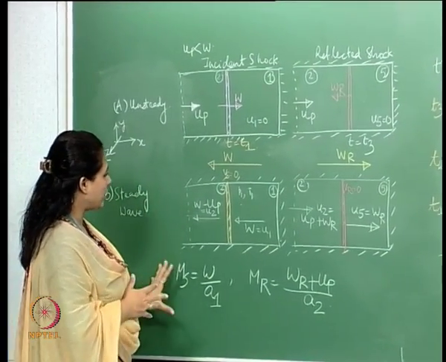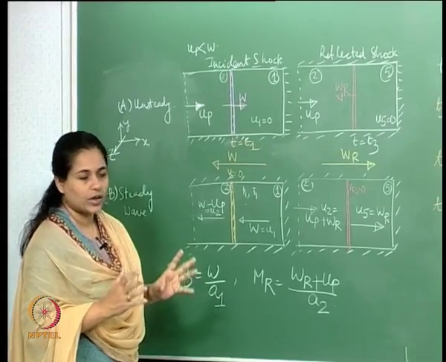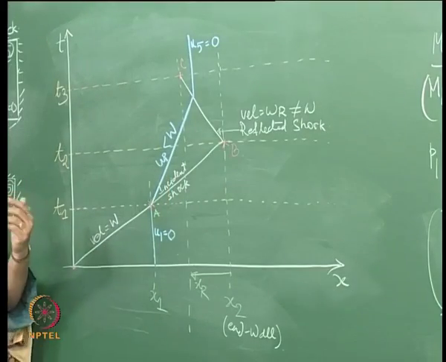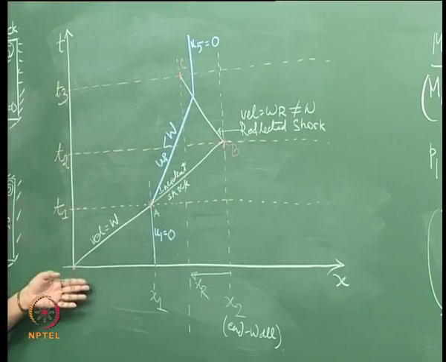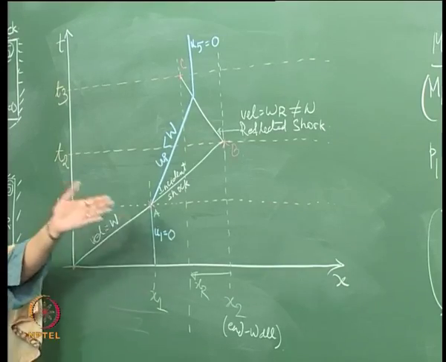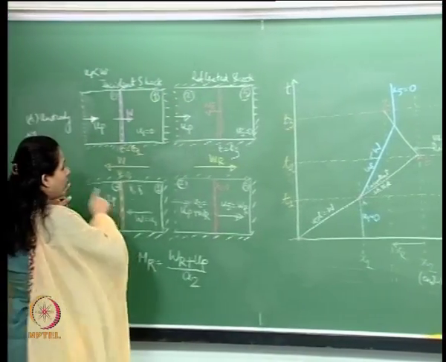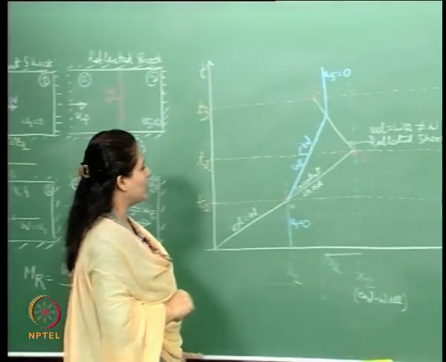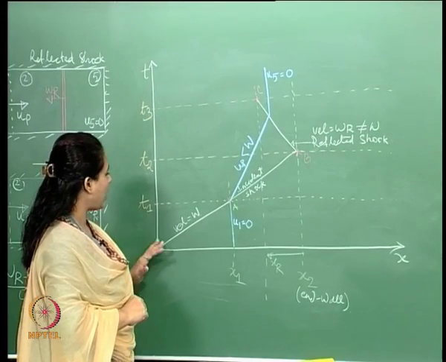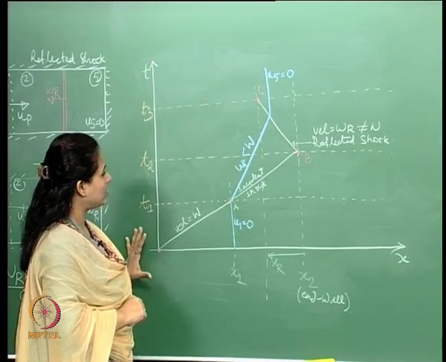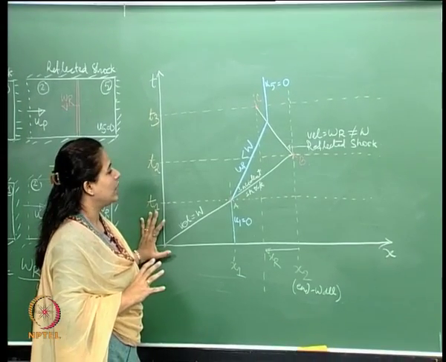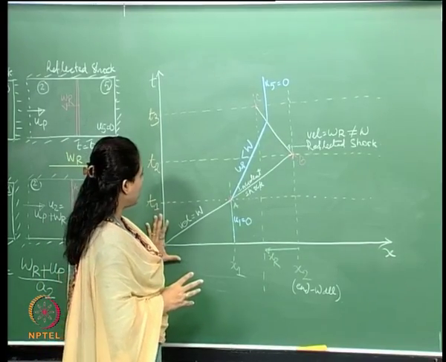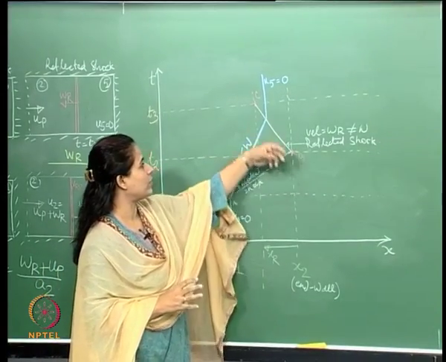So we found out relationships between the thermodynamic variables, etc. But what this is giving us exactly is what is happening at various instants of time along the length of the shock tube. Therefore this could also call for interaction of shock waves, because you have this incident shock wave that reflects.